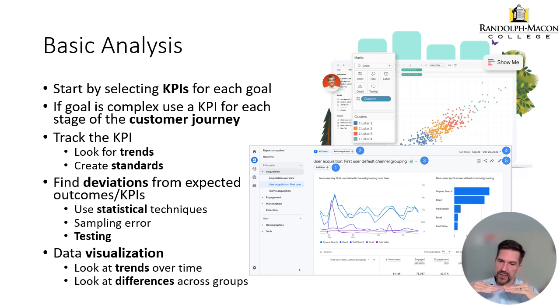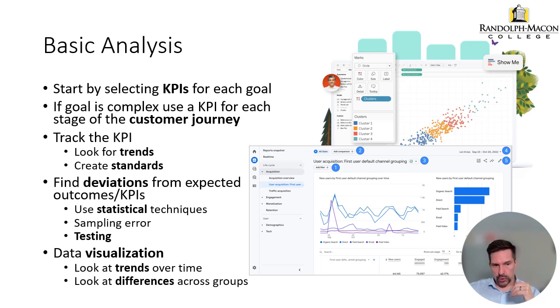But for you to see if the needle is moving, you need to benchmark what is normal and see what that action is doing, right? So you need to create some sort of standard, or standards if you have multiple KPIs, that will enable you to set an expectation against which you're going to judge whether the actions that you're taking from a marketing perspective are working or not working. And if they are not working, hopefully we can pinpoint why.